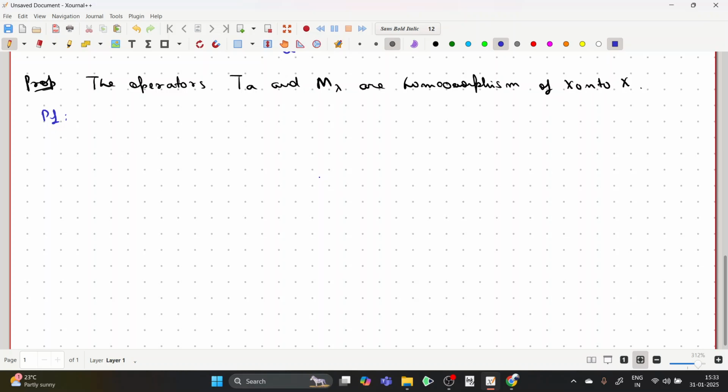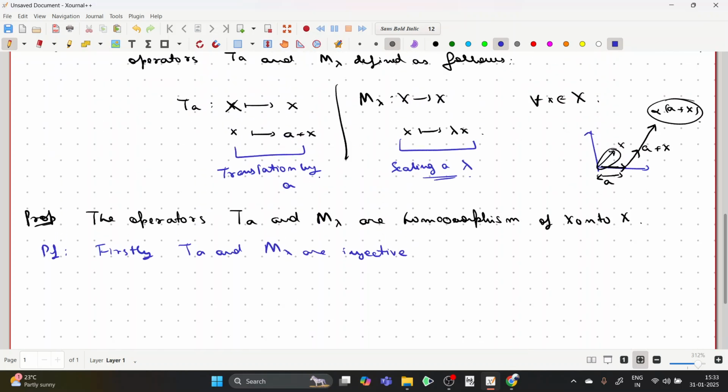Observe that, firstly, these are trivial observations, that T_a and M_lambda are both injective. Sorry, I'm not working in a field here.